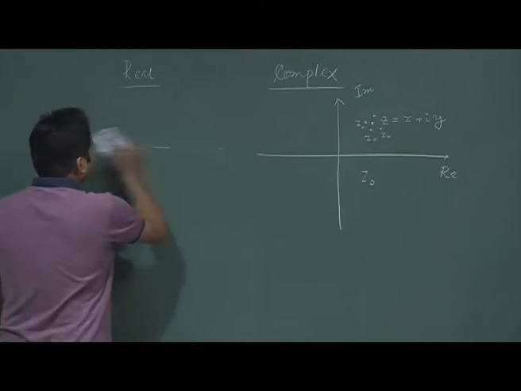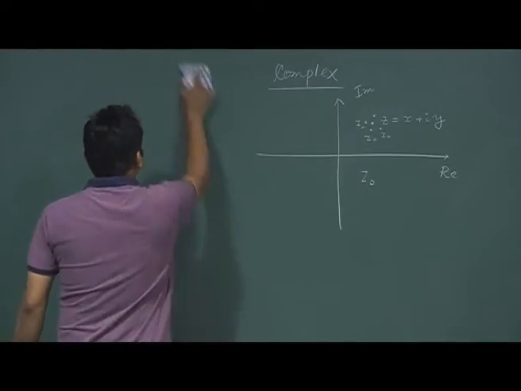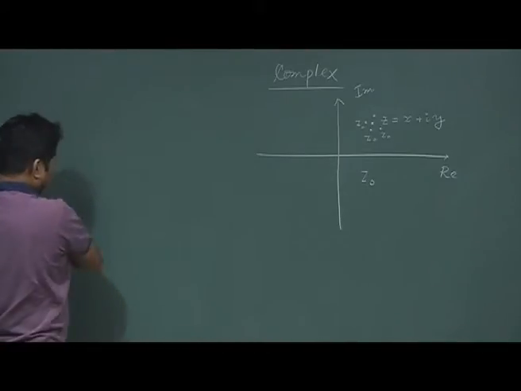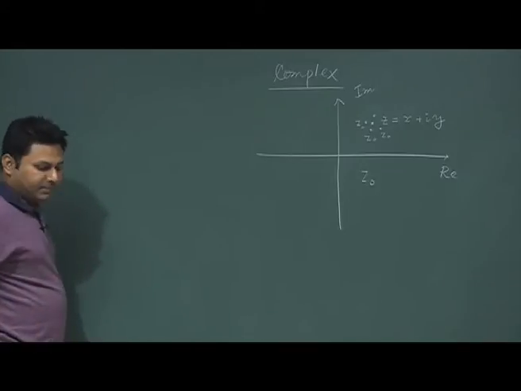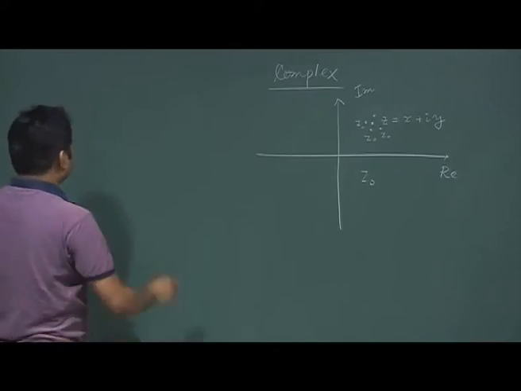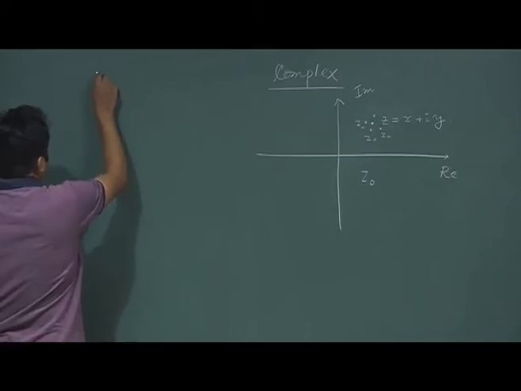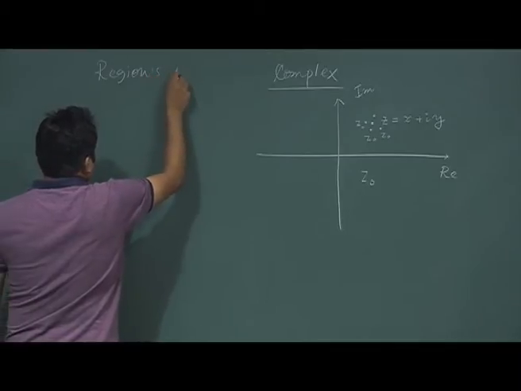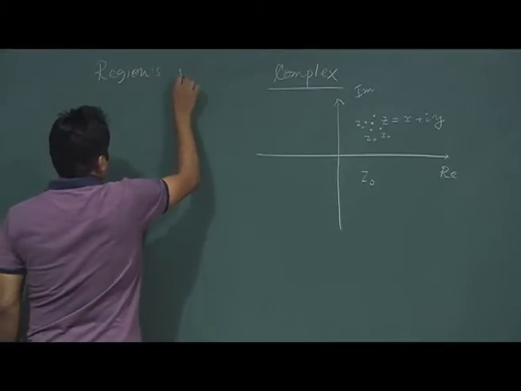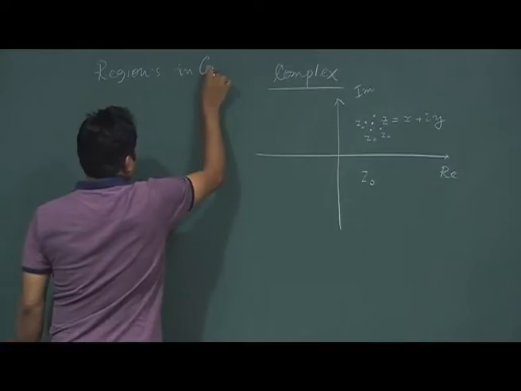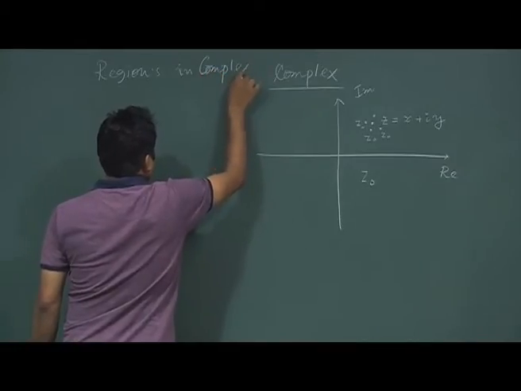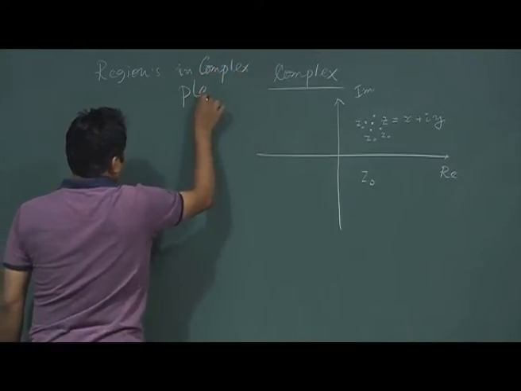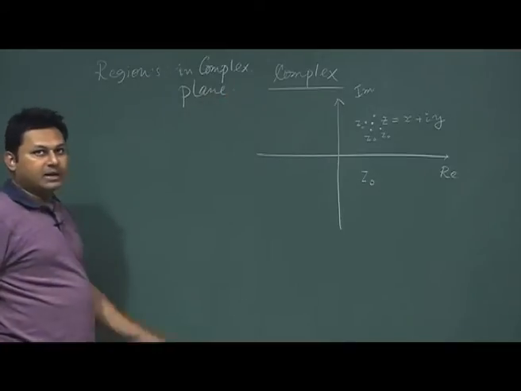So I need to define a few things which are important in understanding the meaning of a neighborhood. It is called regions in the complex plane. So the region I am talking about here.